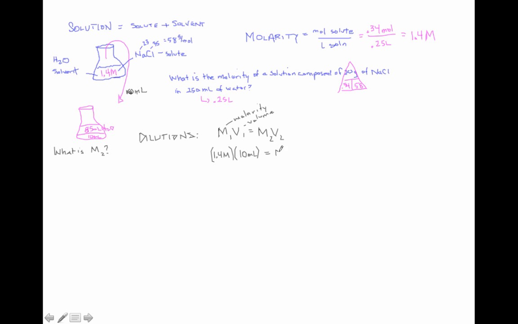M2 is your goal, that's your X. And V2 is 95. Okay, and so what is the answer? It would be 14 divided by 95. It's 0.15 molar equals M2.